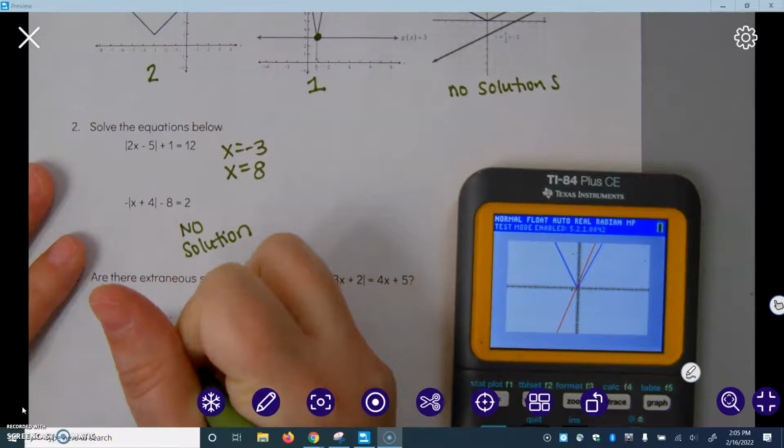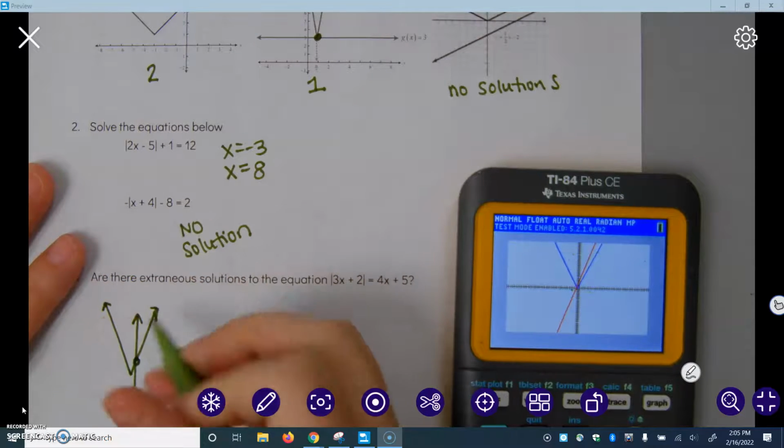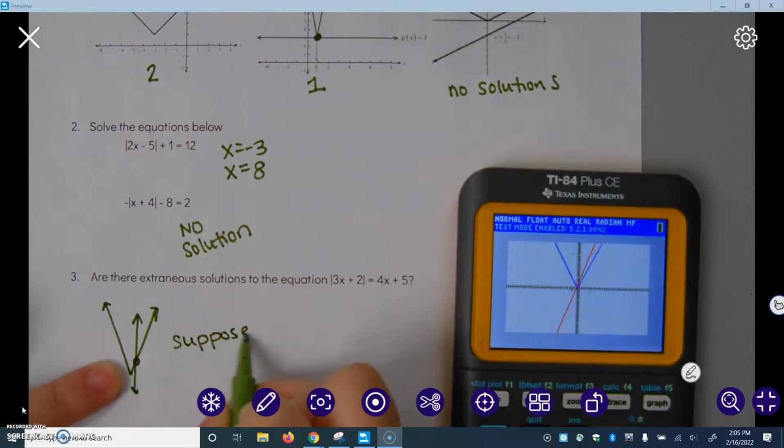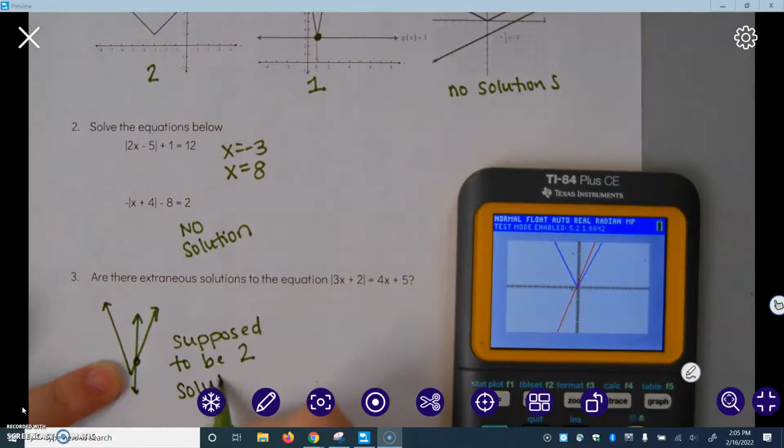There are extraneous solutions to this. There are supposed to be 2 solutions.